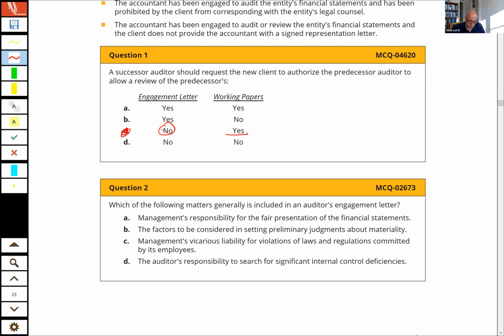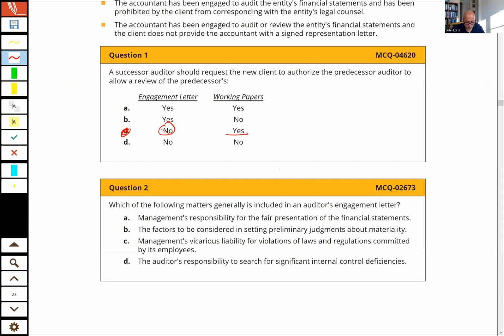So C was the right answer on question 1. Yeah, I super overthought that question.